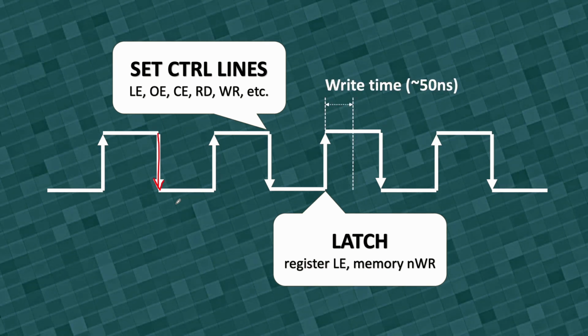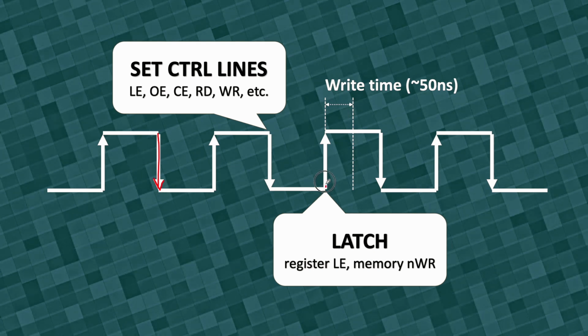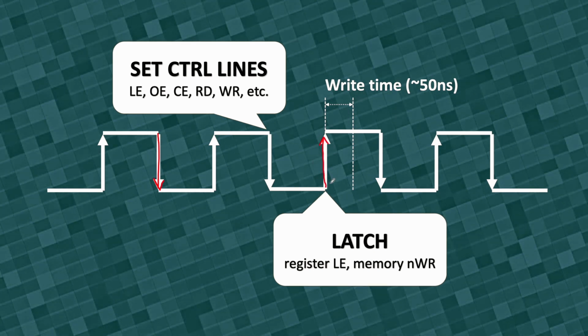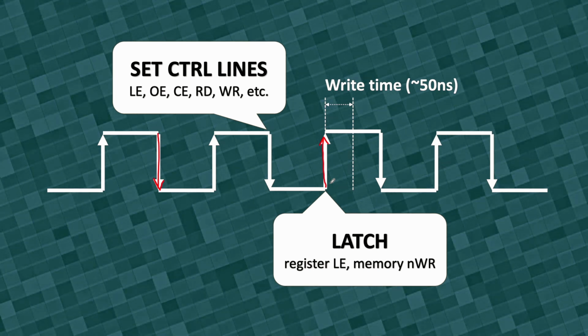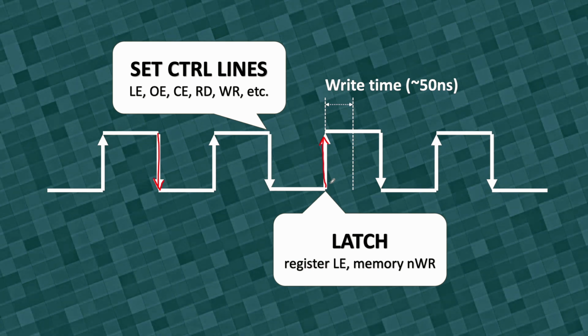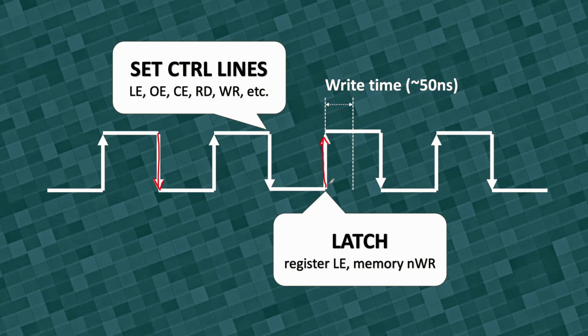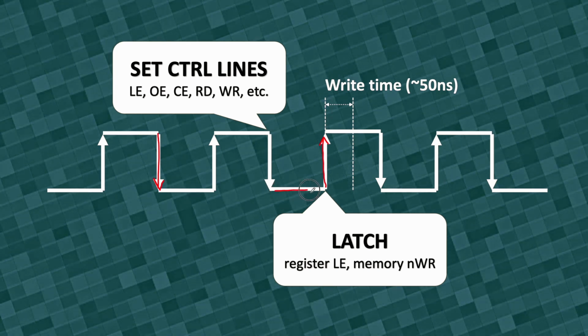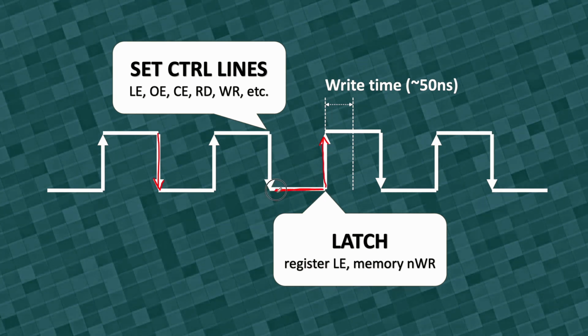Now, keep in mind that latches may not be instantaneous. If you're latching into a register, like 8 flip-flops, it's almost instantaneous. Because the lines that need to be latched will be stable. They will have had half a clock cycle to stabilize.